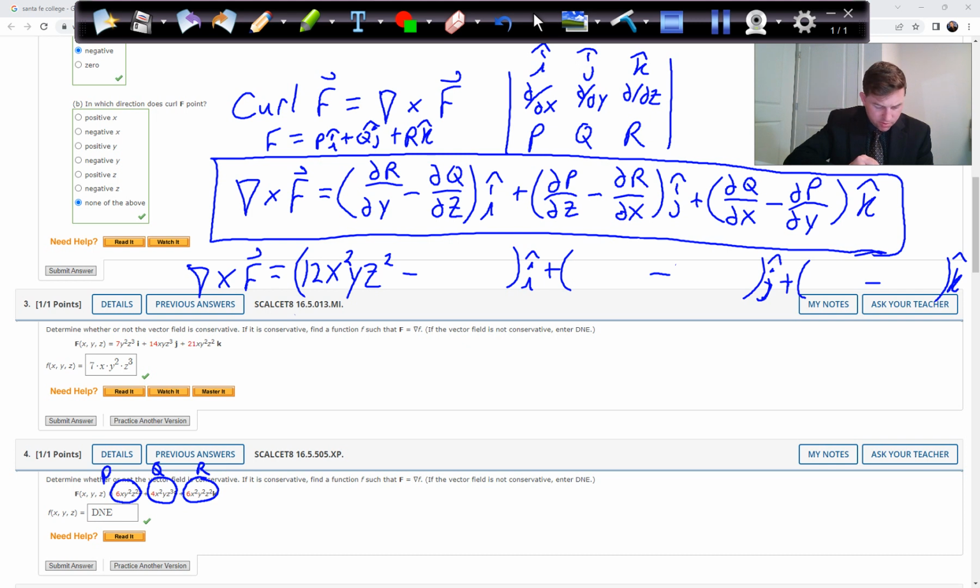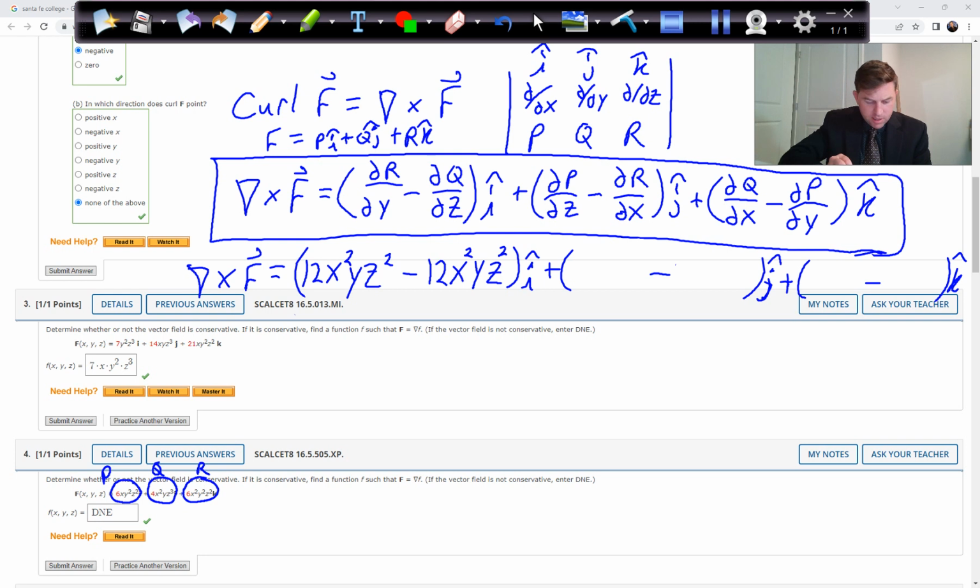Partial Q partial z would be 12x squared yz squared. So we took a derivative of z cubed, 3 came down, made that 4 a 12. The 3 becomes a 2.